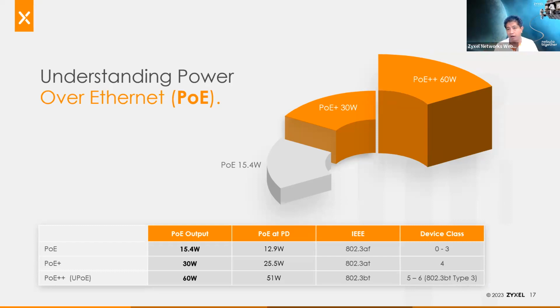Now, we do have some products, like our higher-end access points, that need to be fully powered with 60 watts because they draw about 33 watts. It's still going to work when you plug it into a 30-watt PoE, but it's going into a degradation mode where maybe one of the radios is shut off. And so you're still going to have connectivity.